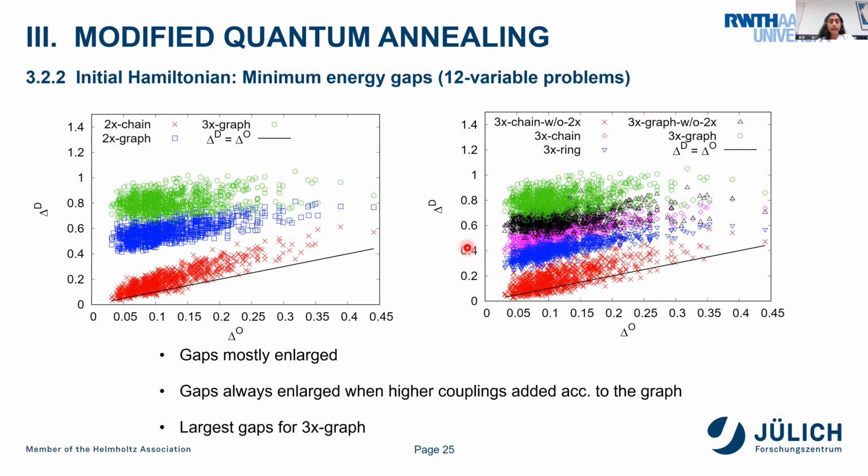And we found that the gaps were always enlarged whenever the higher order couplings were according to the graph of the problem. Therefore, when we add the 2 local terms and the 3 local terms according to the graph of the problem, this is the choice of the initial Hamiltonian that then results in the largest minimum energy gaps.